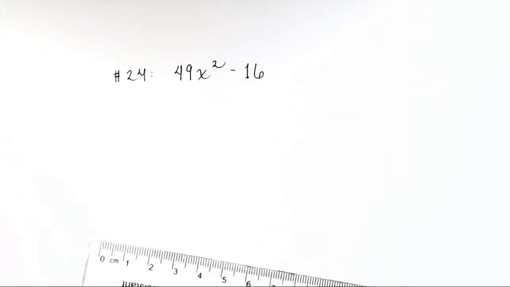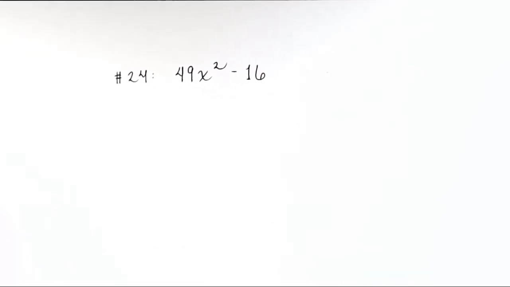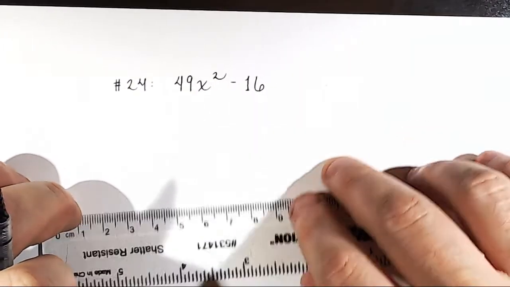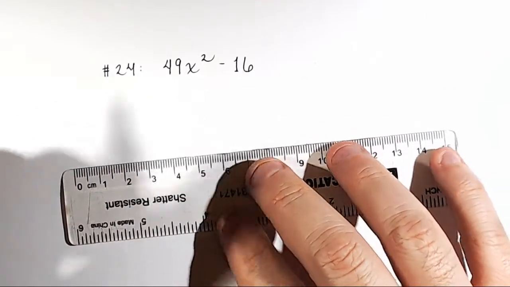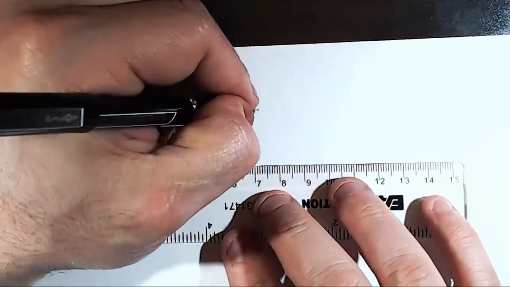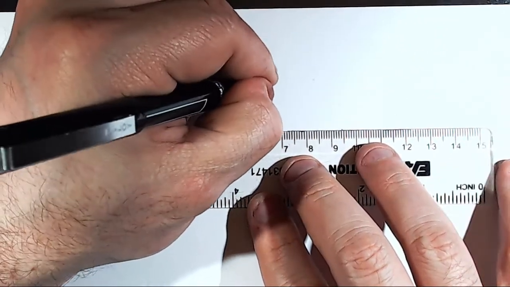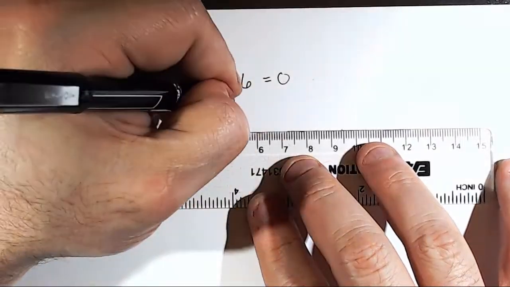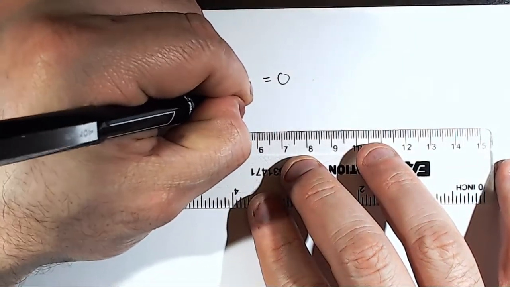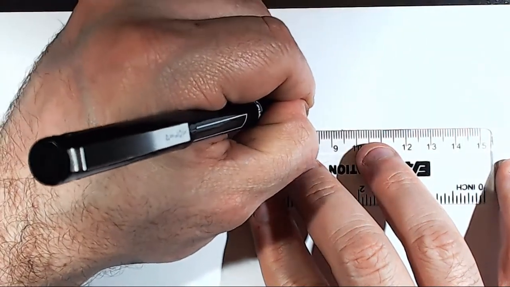So I want to factor this. All right, well, you know what? We could do all kinds of factoring tricks, or I could just set this thing equal to 0 and add 16 to both sides.